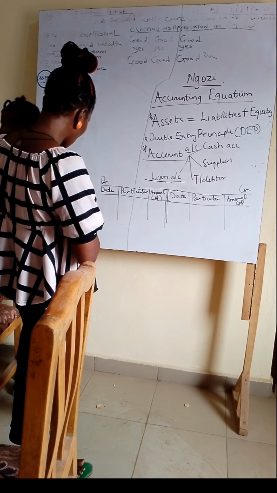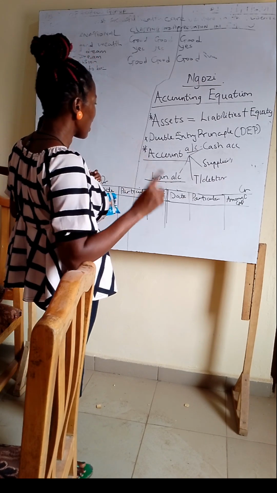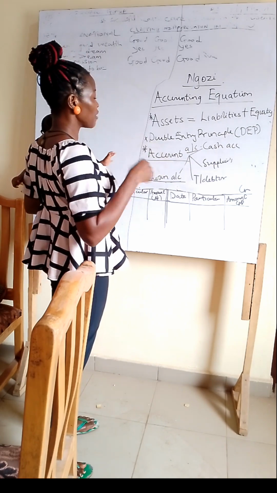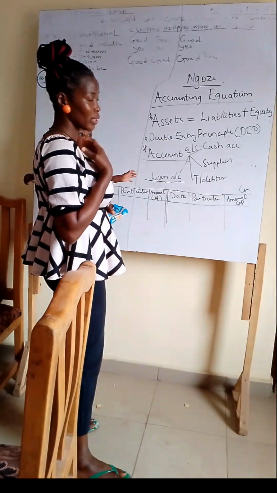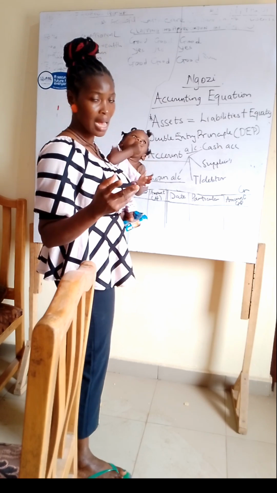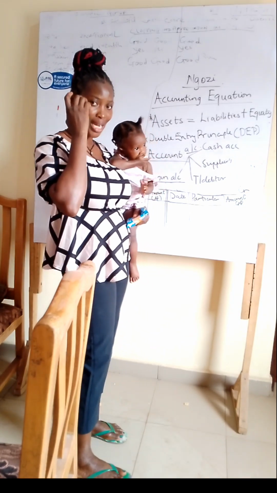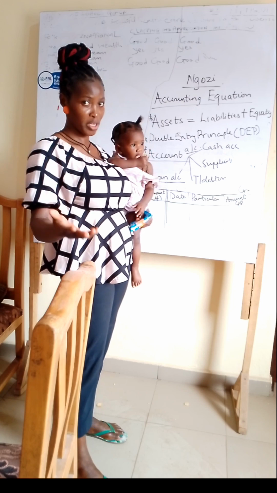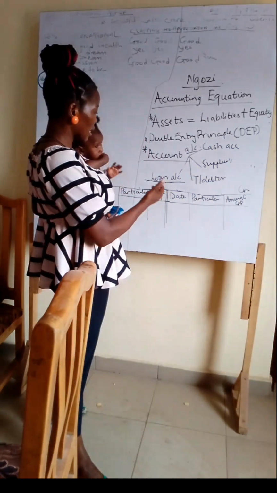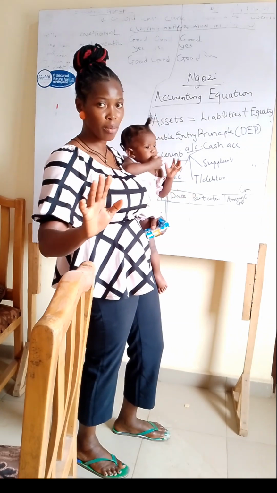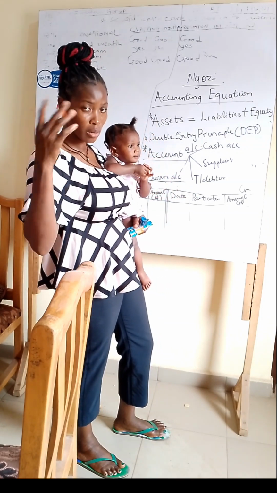Now, like I said earlier on, with the double entry principle, every transaction is recorded twice in accounting. So we're going to be giving instances, and then we'll see how these transactions are recorded twice. Then you understand the double entry principle.